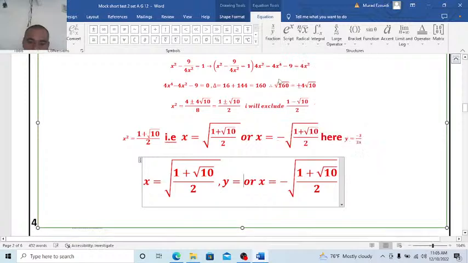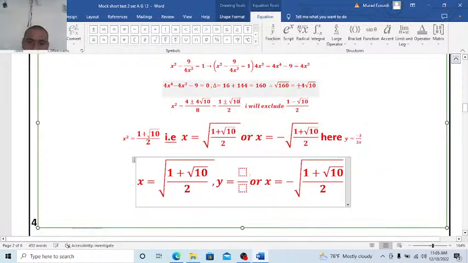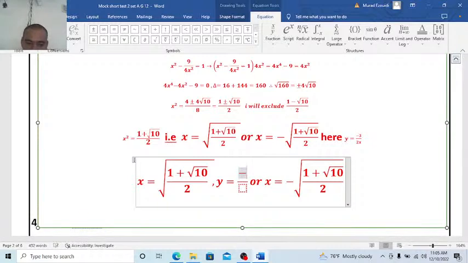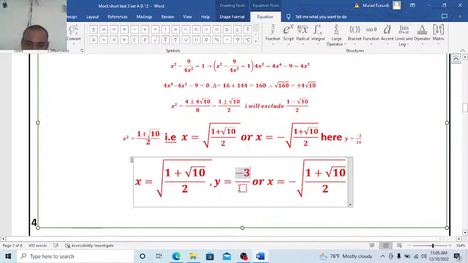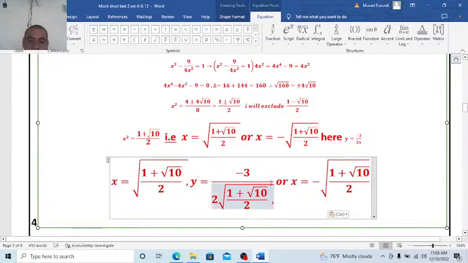We told here this is the y value is negative 3 divided by 2x, so it will be negative 3 divided by 2 times x, and what is 2? Multiply by this. I will do all of this. Okay, this is y. Clear? This is the first one.